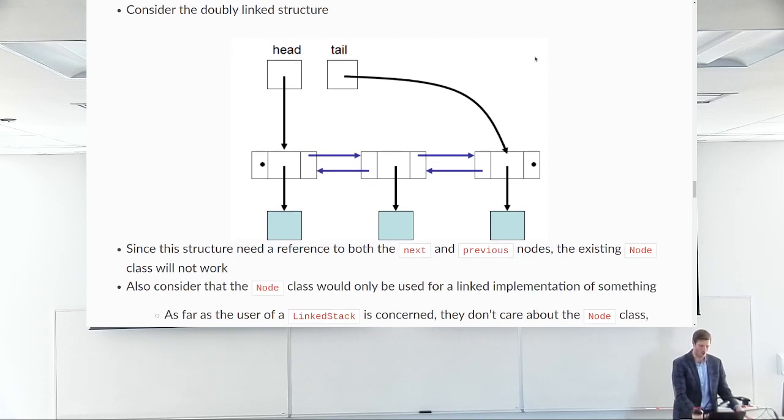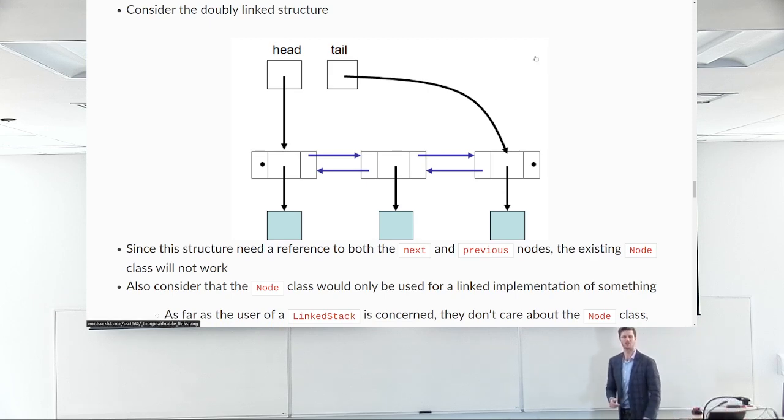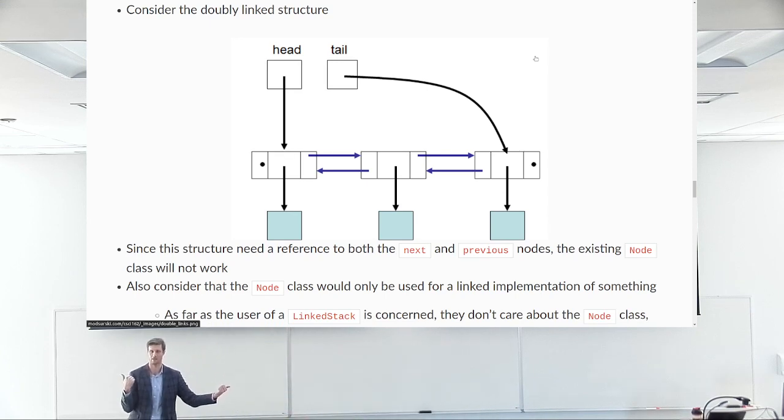And on top of it, you might remember at the end of the linked structure topic I talked about a doubly linked structure. There's nothing stopping us from having a node where you have a predecessor in addition to a successor, like a next. We could do that. There's a little bit of extra bookkeeping we have to keep track of.